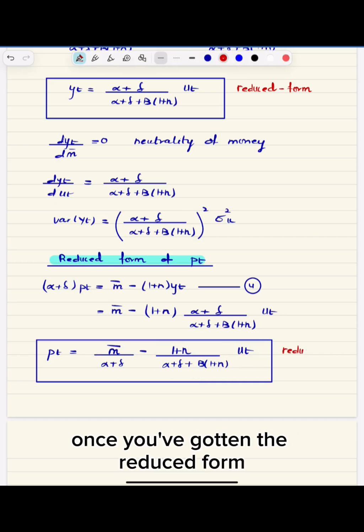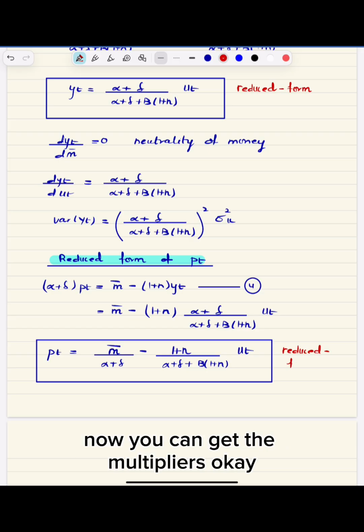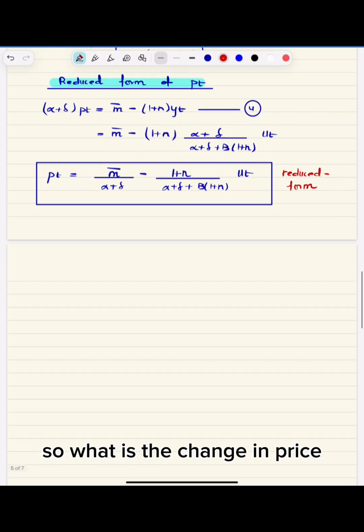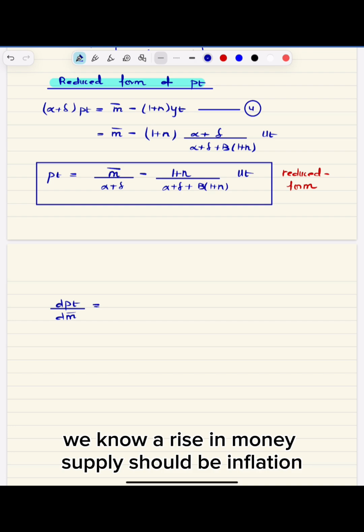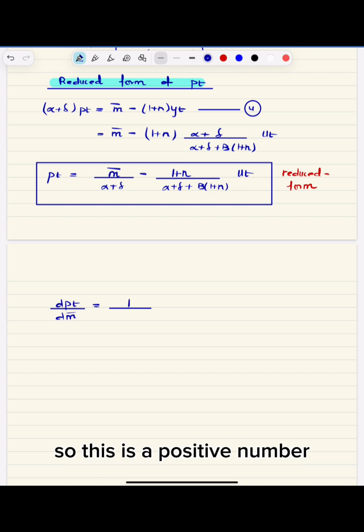Once you've gotten the reduced form, now you can get the multipliers. Okay, so what is the change in price because of a change in money supply? We know a rise in money supply should be inflationary, so this is a positive number, right?